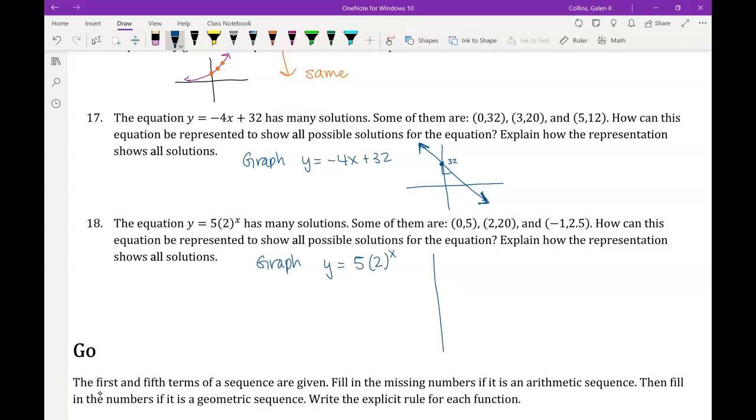So again, the graph of this exponential function would have a y-intercept at (0, 5) and a growth factor of 2, meaning that as x increases, we're multiplying by 2. Going the other direction, I could think of multiplying by 1/2 as I go to the left, or dividing by 2. And again, by connecting, not just plotting points, not just plotting the point (0, 5), but by actually connecting those values.